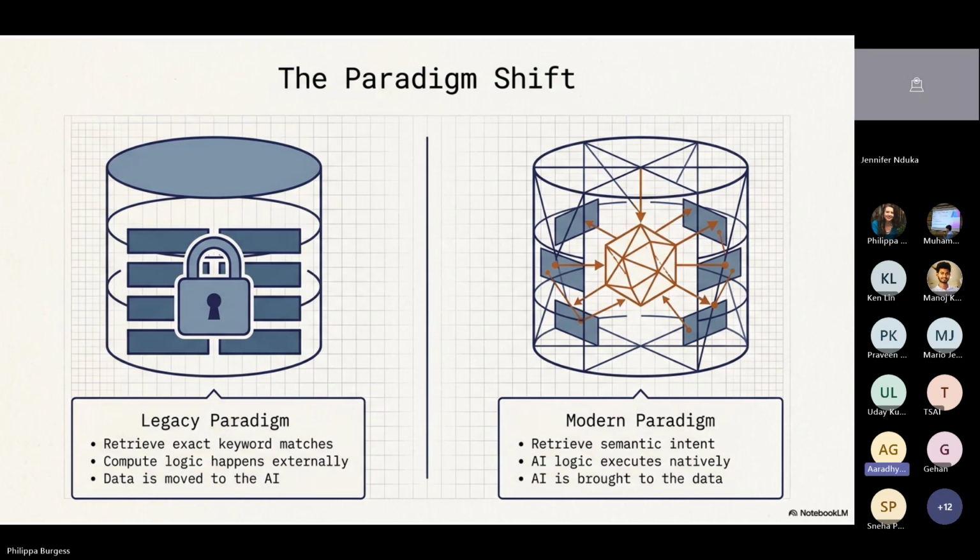Then we push that vector back into the database. This introduces network latency and creates massive security liabilities, because API keys float around the application code.